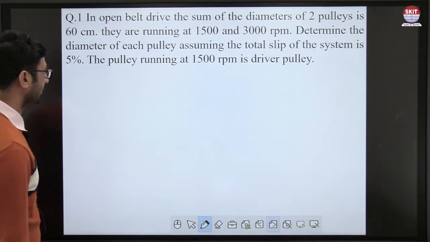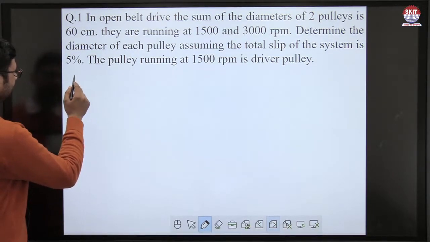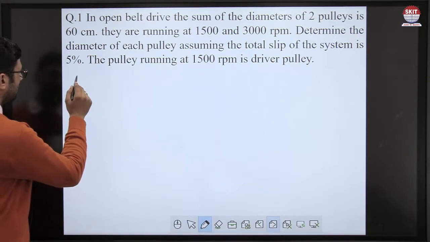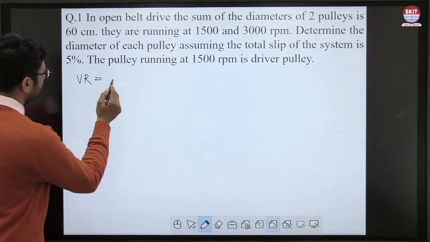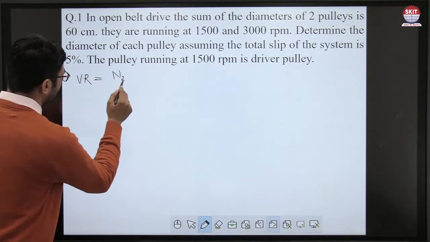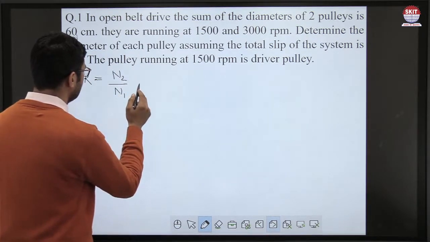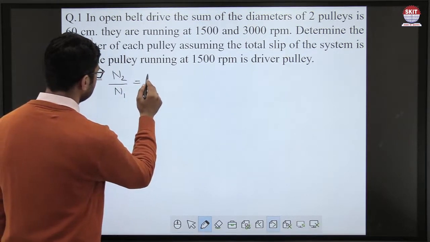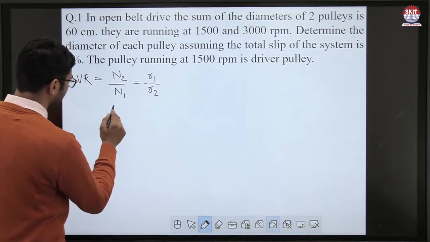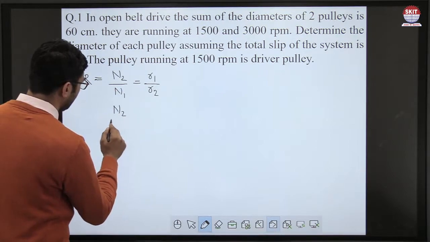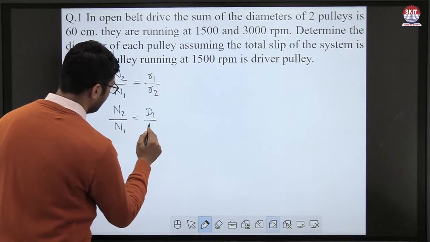First of all, we revise the velocity ratio formulas. The formula of velocity ratio Vr is equal to N2 upon N1, which is equal to R1 upon R2. We can write this formula as N2 upon N1 equal to D1 upon D2.